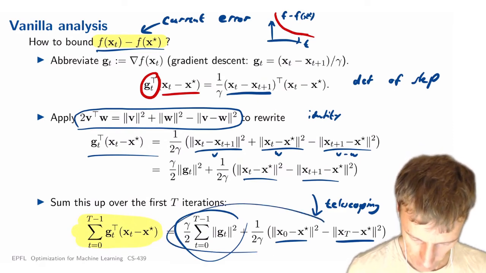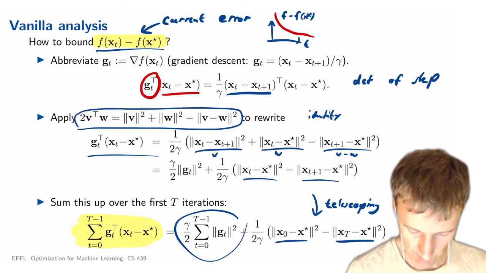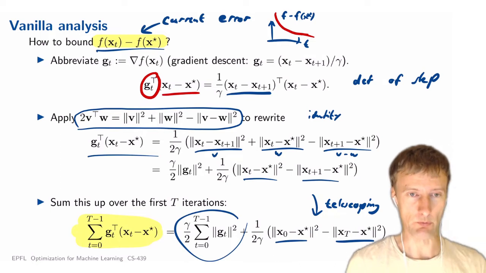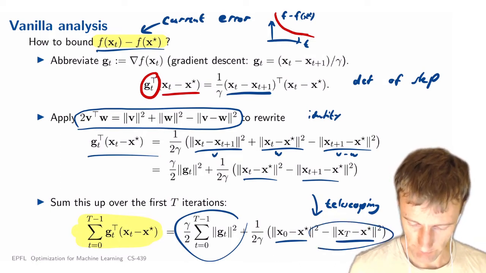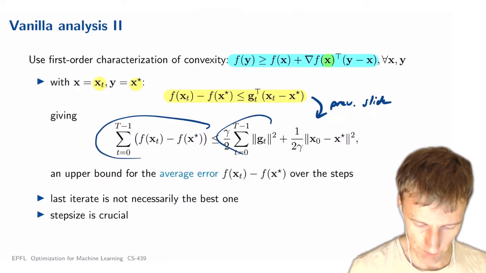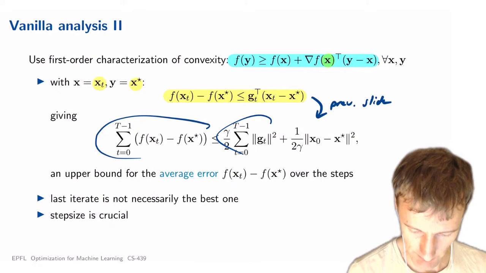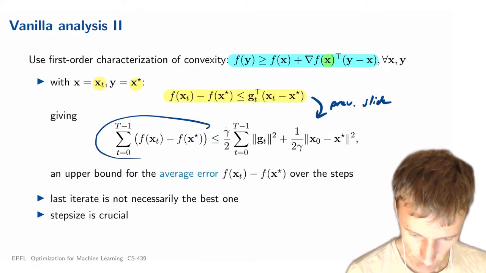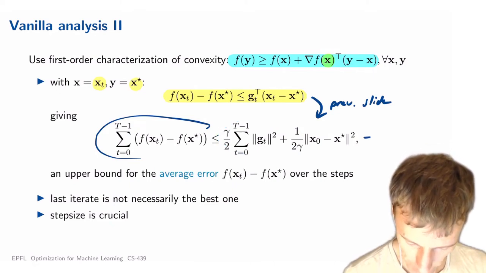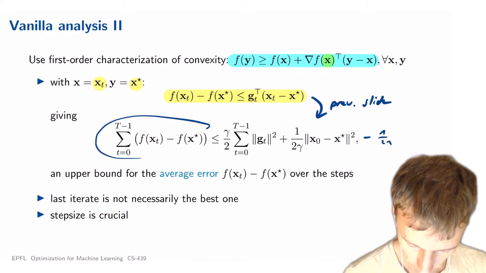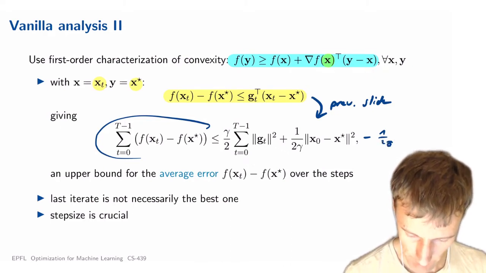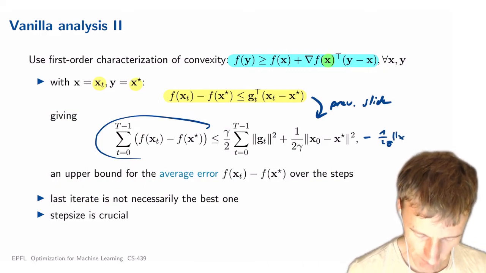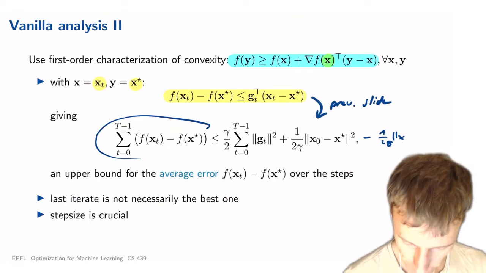So this thing, and so we actually have 3 terms. Why are there only 2 on the next slide? That's a bit confusing. So the one here is appearing with a negative sign. So the first one is identical. This one we have as well, and then to be honest, there was this other one, same kind of step size, and then we had the norm of xt minus the optimum, right?